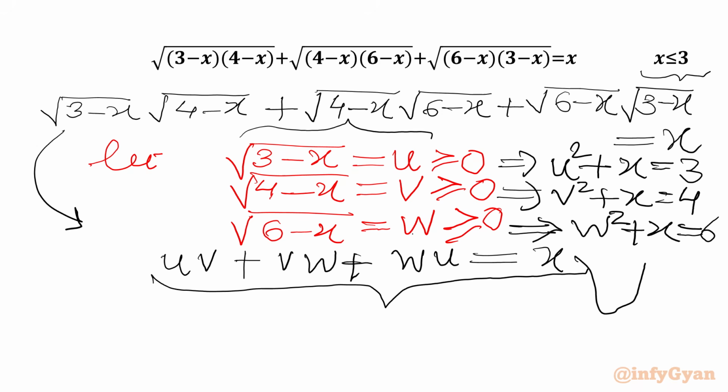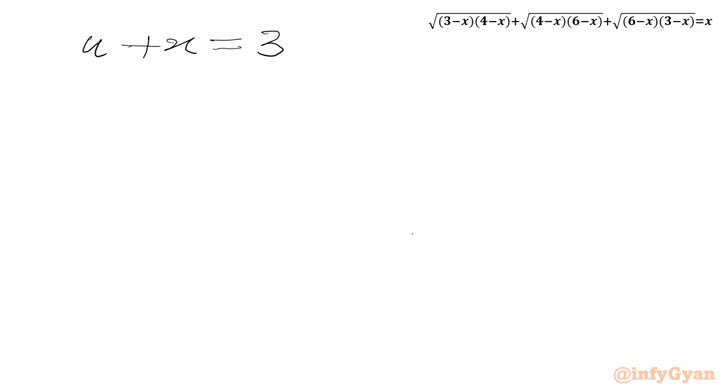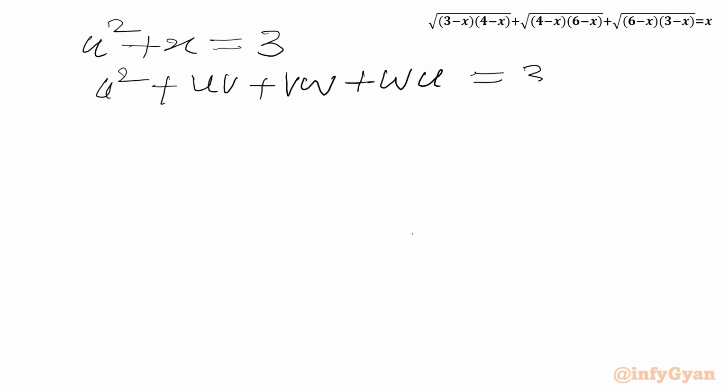Now here we have x in terms of u, v and w. So we will plug in the x value into these equations. I will begin with the first equation, u square plus x equal to 3. Let's put x equal to uv plus vw plus wu. So we will write here u square plus uv plus vw plus wu equal to 3.